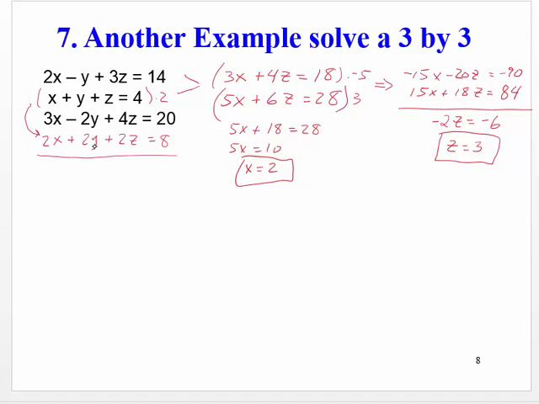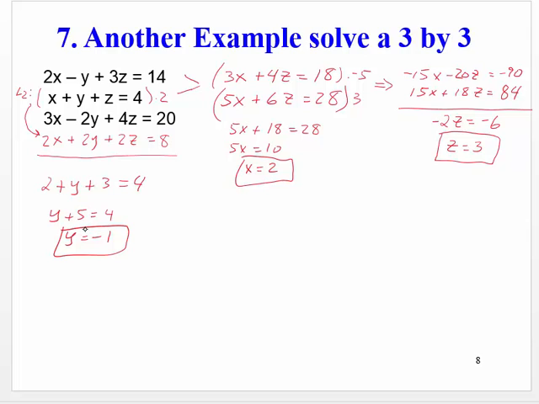We can use this equation or this equation. Let's use L2. So we get 2 plus y plus z, which is 3, is equal to 4, right? So y plus 5 is equal to 4. Subtracting, y is equal to minus 1.